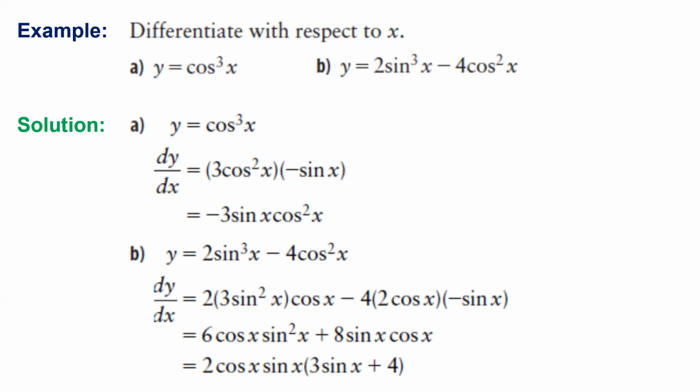Next, y equals 2 times sine x cubed minus 4 cosine x squared. dy by dx is given by 2 times 3 sine x squared times the derivative of the inner function, which is cosine x, minus 4 times 2 times cosine x times the derivative of the inner function, which is negative sine x. And the final solution is 2 cosine x sine x times 3 sine x plus 4. Okay, any questions?